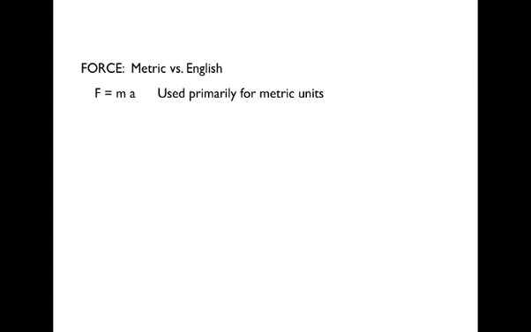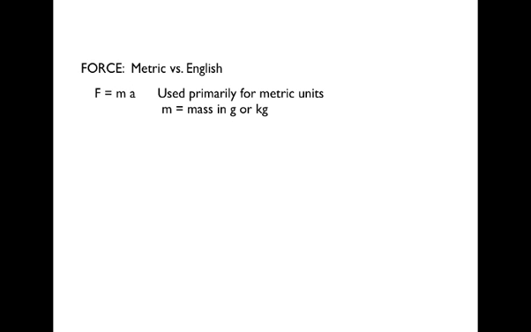Okay, this is used primarily with metric units, because with English units, mass is kind of obsolete. We'll get to that. But this equation, force equals mass times acceleration, is primarily used when you're talking about metric units.